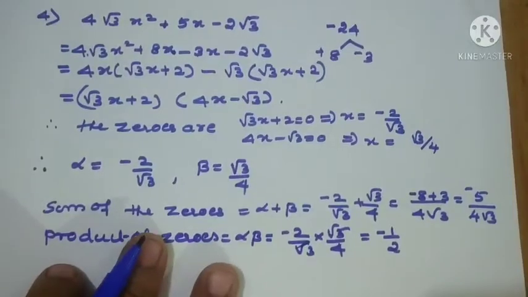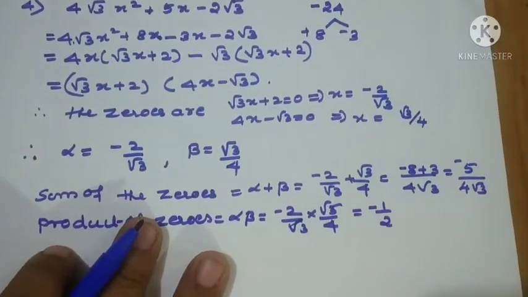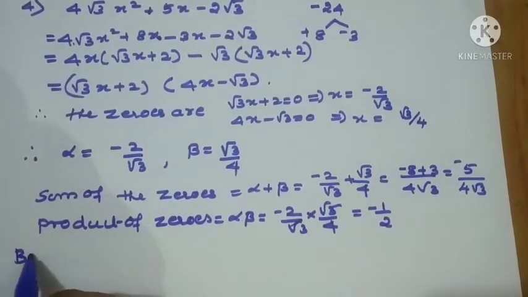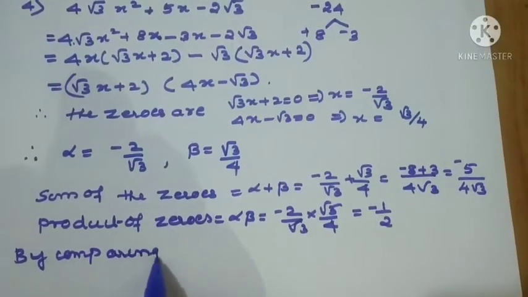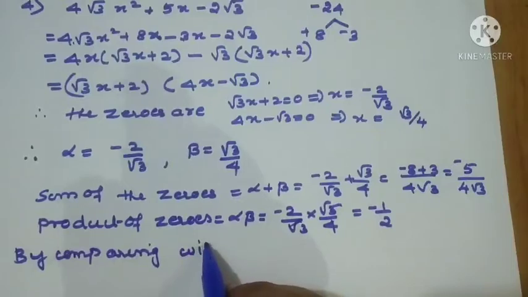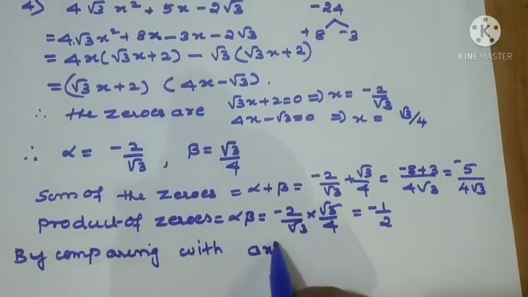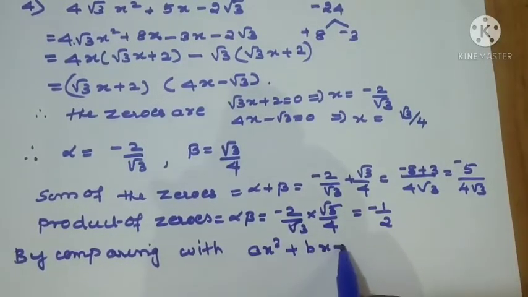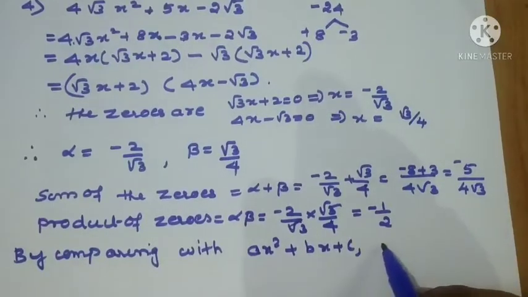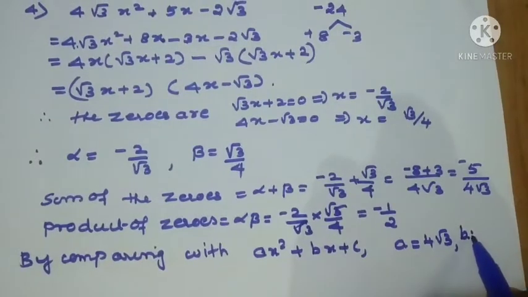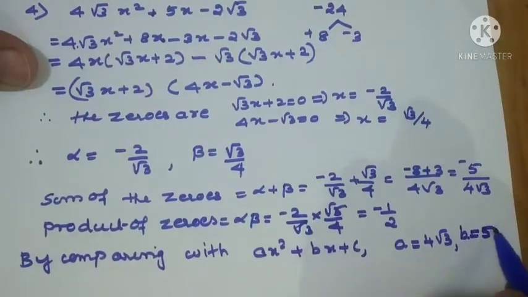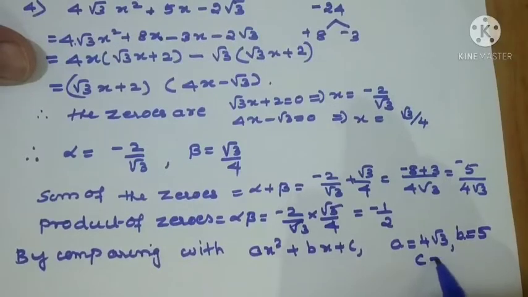What is the next step? Comparing the coefficients. By comparing with ax square plus bx plus c, we have a equal to 4 root 3, b equal to 5, c equal to minus 2 root 3.